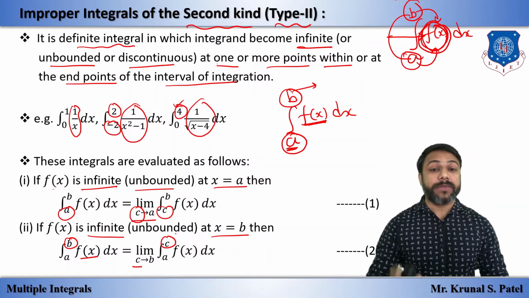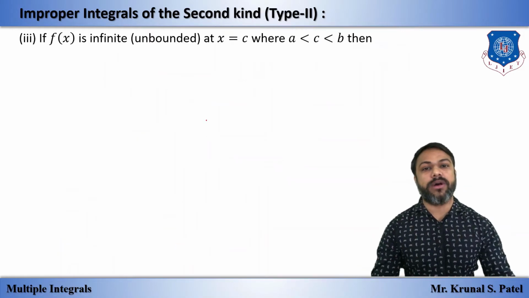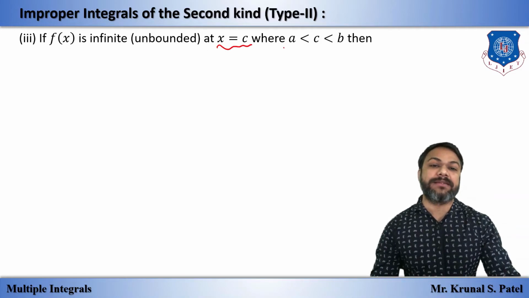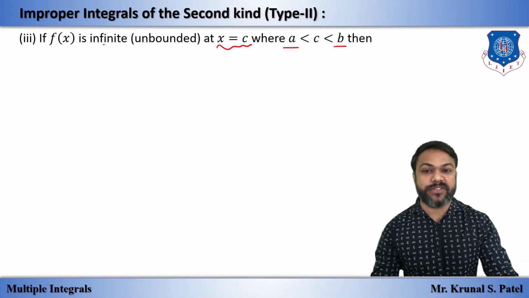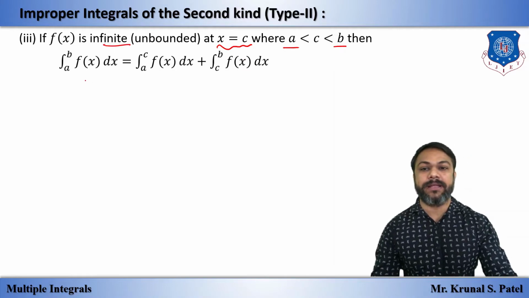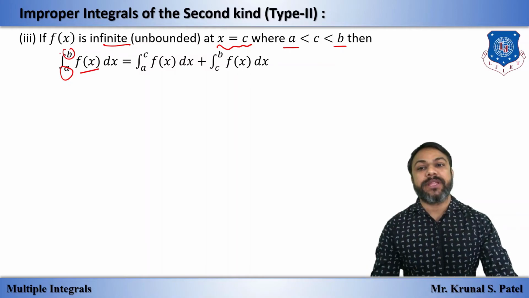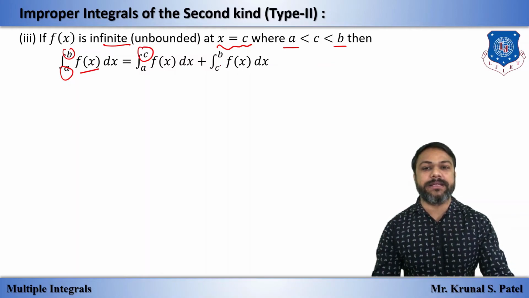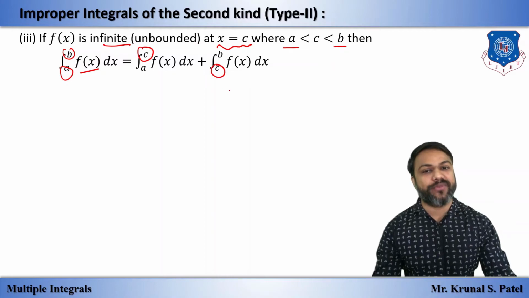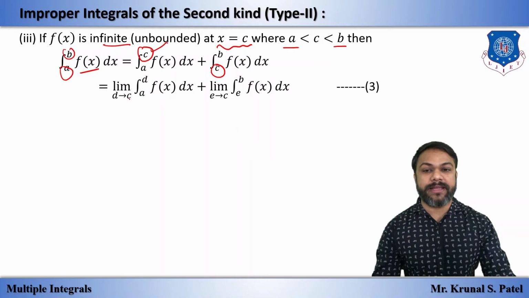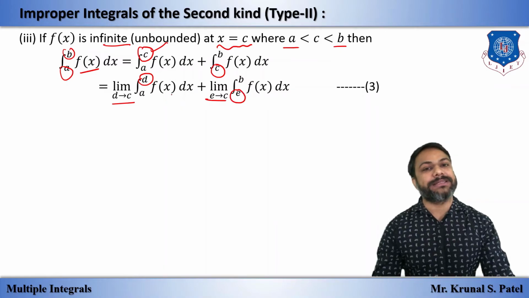Now if for a point in between a and b this function is infinite, then at a and b the function is not infinite, but at the in-between point c it is infinite, so we will take the limit for this c. So we will take d tends to c and put d, and e tends to c and put e. A and b stay as they are.